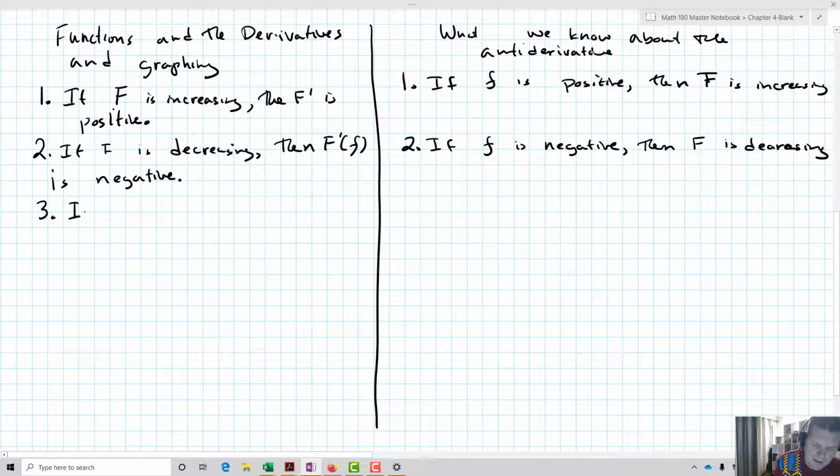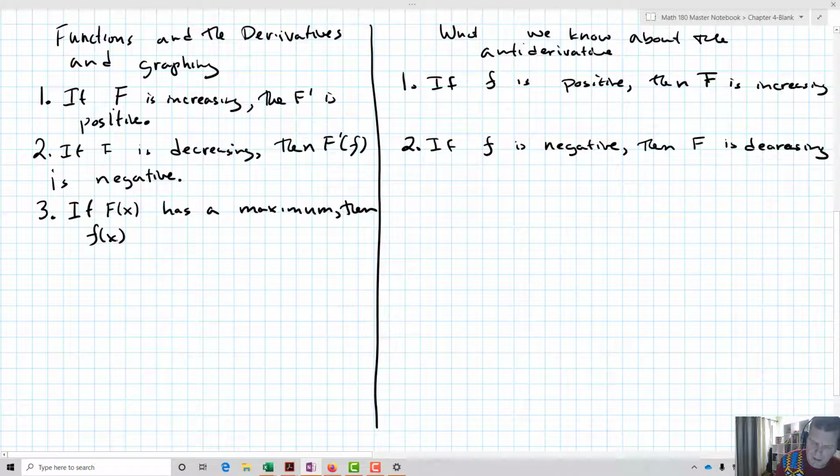Now, we also have if big F of x has a maximum, then F prime of x equals 0.